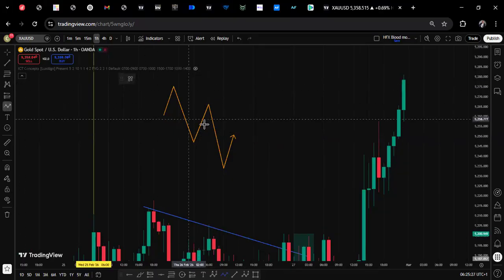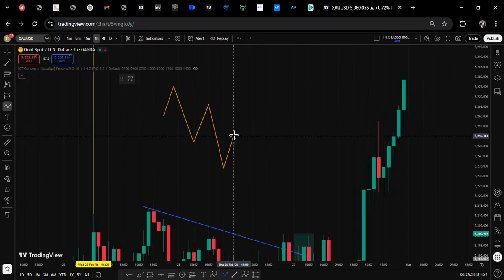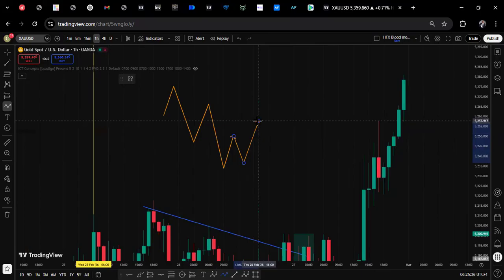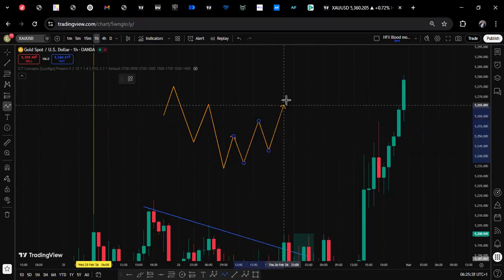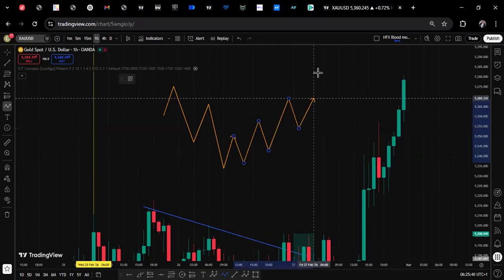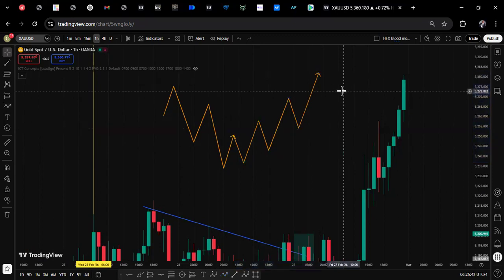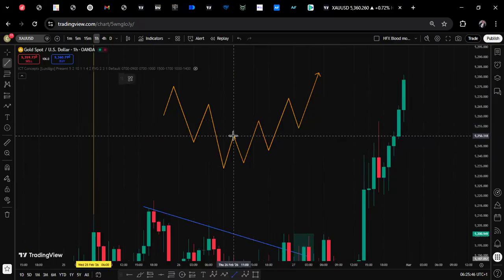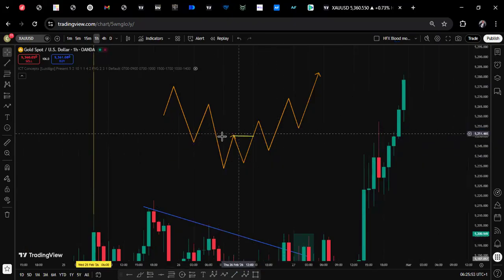But when the trend changes, that's when you see this low being broken. This area is very, very critical, so of great importance. This particular break here is of great importance.